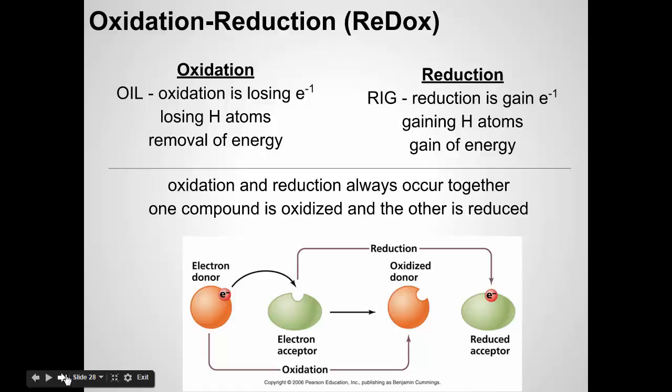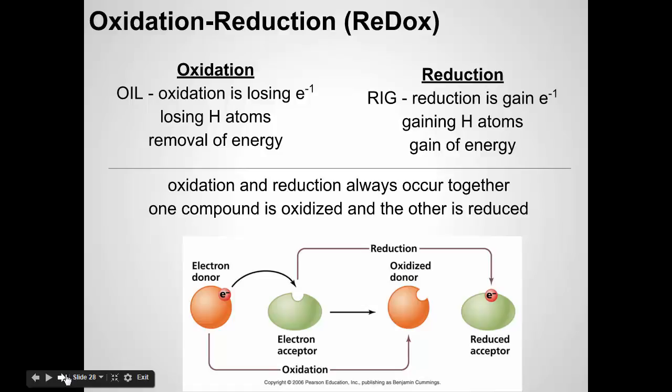Reduction is a gain in electrons. It's a gain of hydrogen atoms often. It's a gain in energy. So they're opposites. Oxidation and reduction always take place together. If one thing is oxidized, the electrons being taken away from it have to go somewhere. And so the other molecule is being reduced. One compound's always oxidized, the other is reduced.